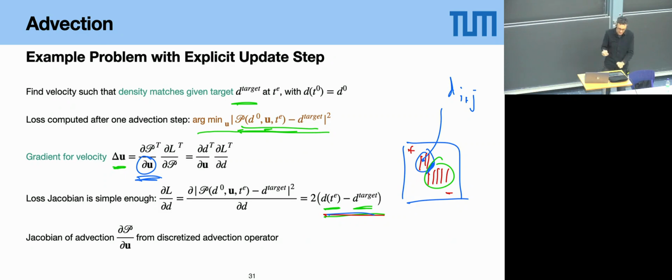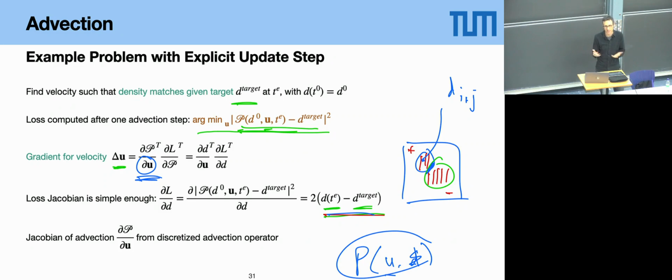In PyTorch, P would take a u and a d, both tensors of the right size, and the u would be interpreted, with two components for two directions, as a motion and move around the values of d. This is what we could do later on, and it's flexible: the d could come out of a neural network, or you could feed whatever comes out here back into a neural network. It's really just an operation that works like any other layer in a differentiable chain.